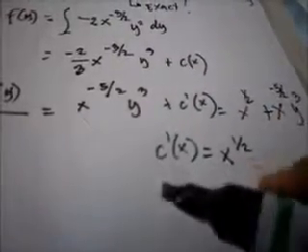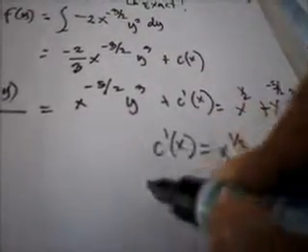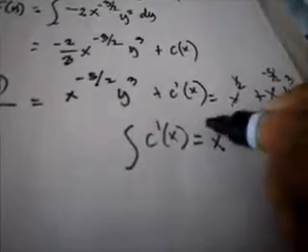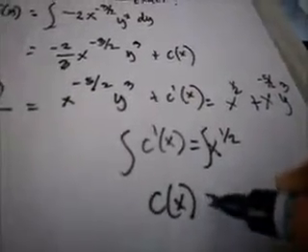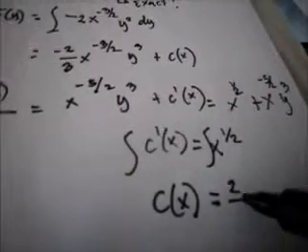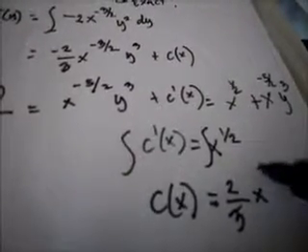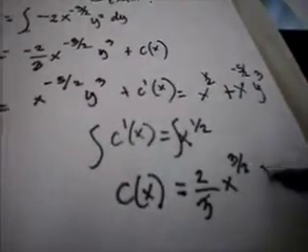To get c of x, we need to integrate this, and we now have c of x equal to 2/3 x to the 3 halves plus c.